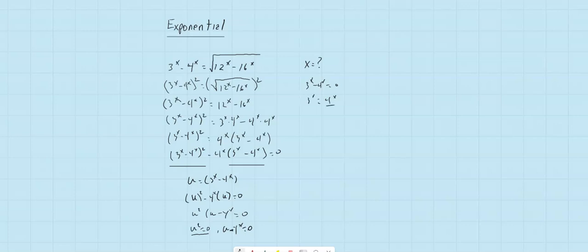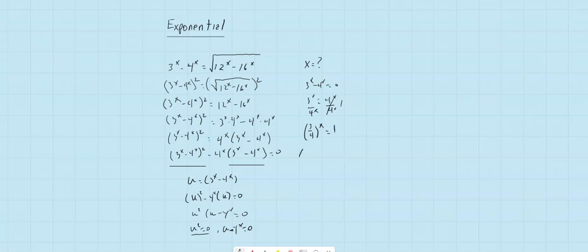And if we divide by 4^x, well, this here is 1. This right here, we could use the natural log: (3/4)^x is equal to 1.